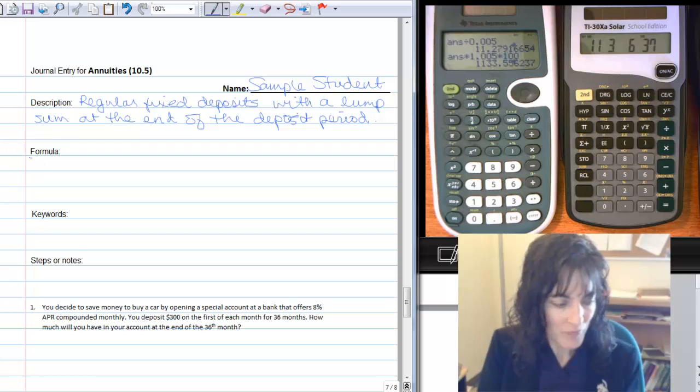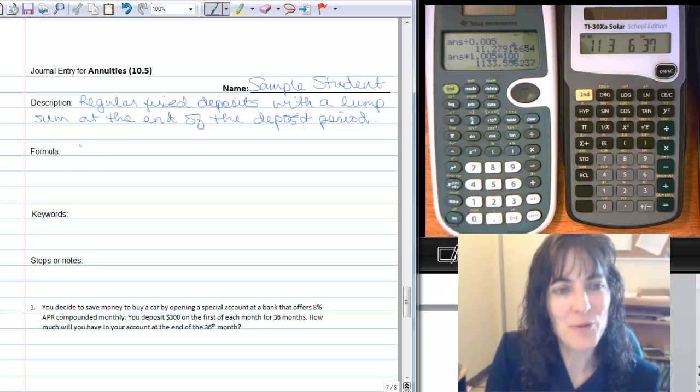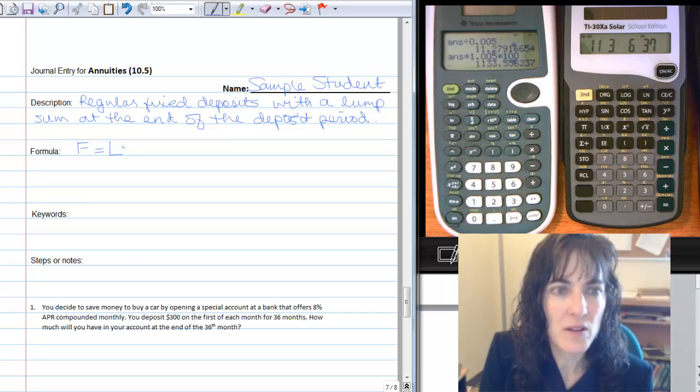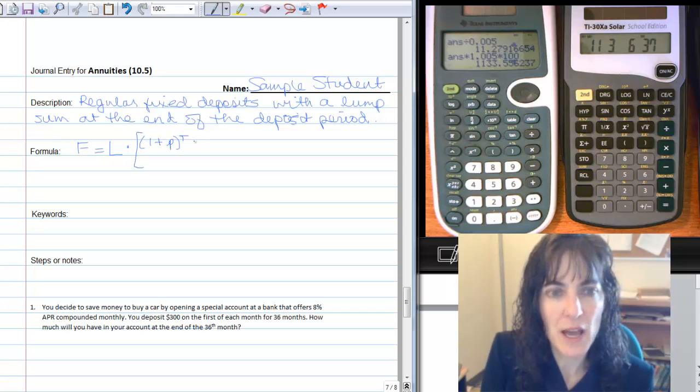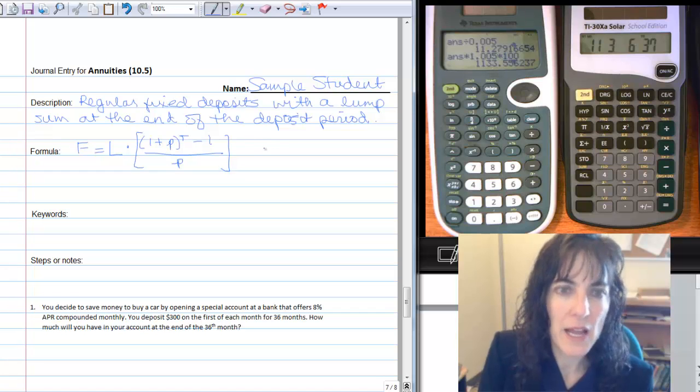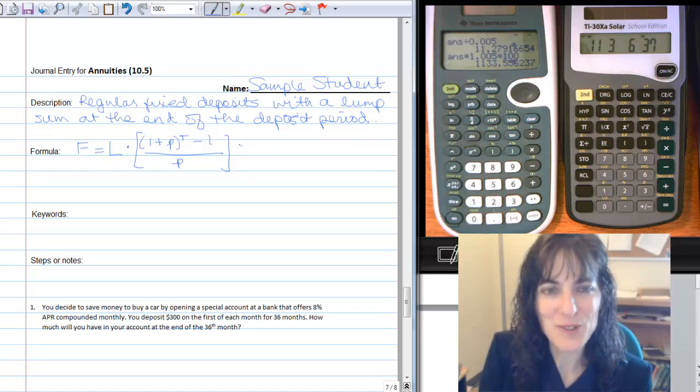Okay, and our formula, we've got a great formula for this one. We have the capital F equals L times the quantity, a little quantity 1 plus little p raised to the capital T minus 1 over the little p. And we have to know what several variables are.